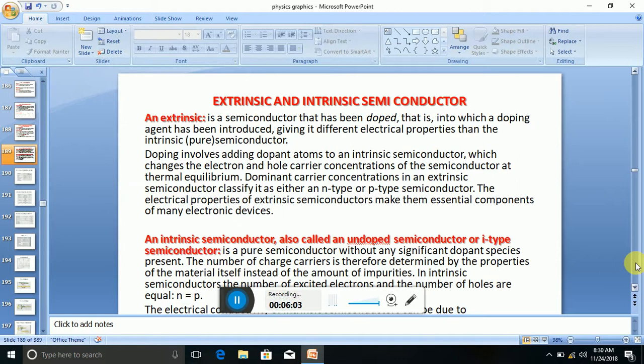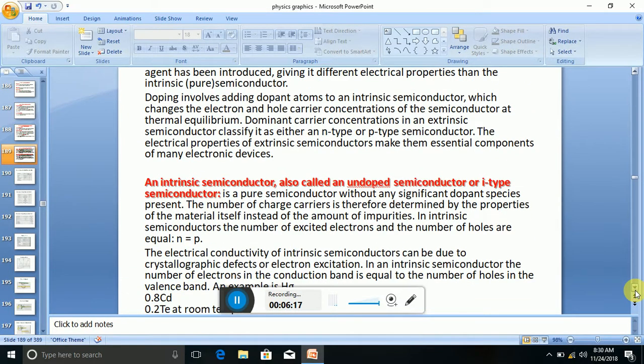Now, an intrinsic semiconductor, also called an undoped semiconductor or I-type semiconductor, is a pure semiconductor without any significant dopant species present. The number of charge carriers is therefore determined by the properties of the material itself instead of the amount of impurities.